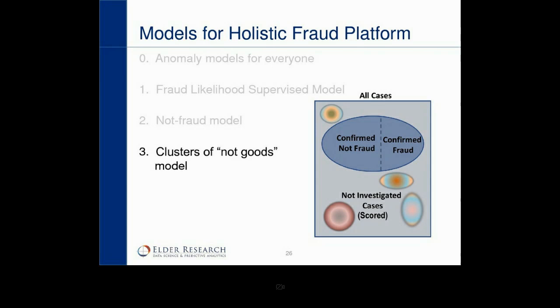And now you can look at each of those clusters and discuss them with your special investigation unit and decide which ones you're actually going to pursue. Further, if there are other not good cases that don't belong to any of those clusters, in other words, they're far removed, but they're still not good, those are another set that may deserve investigation, especially if they are high-value cases. Okay?